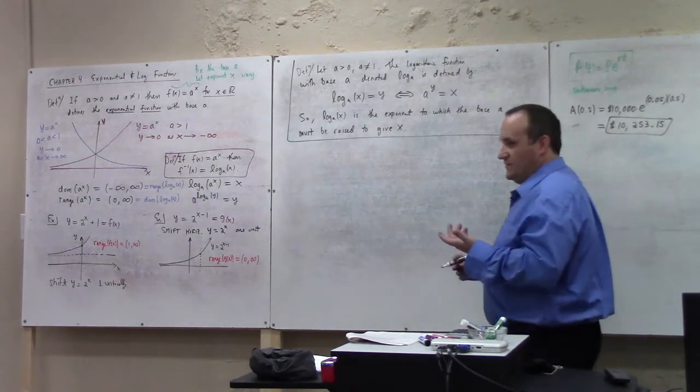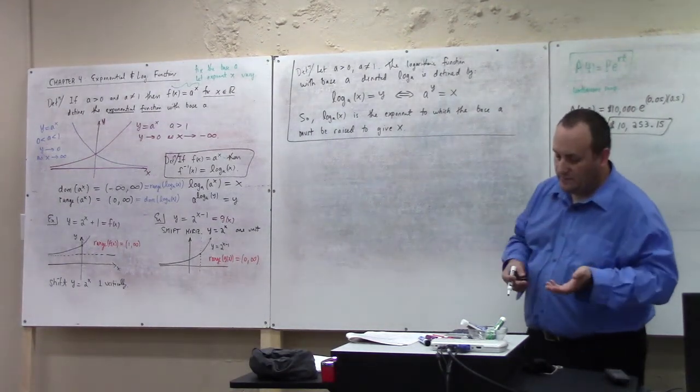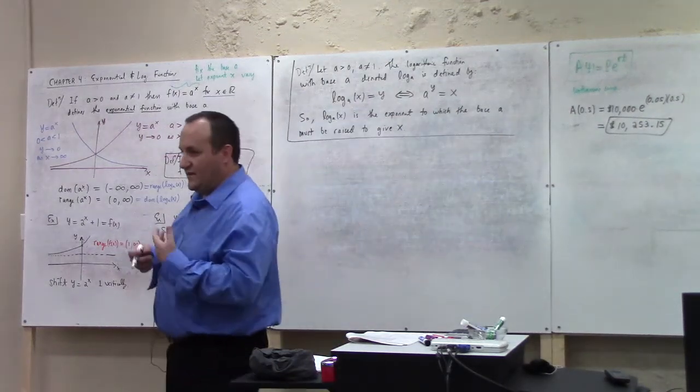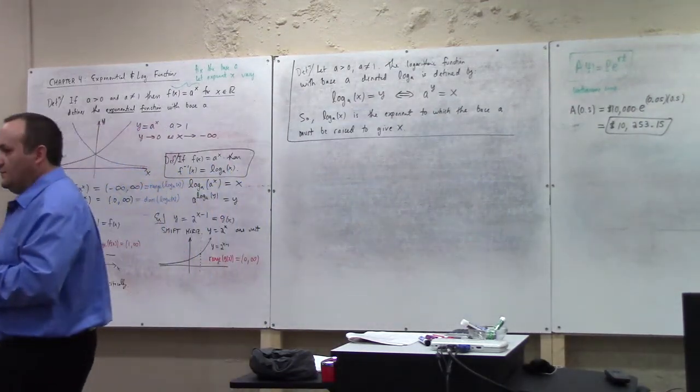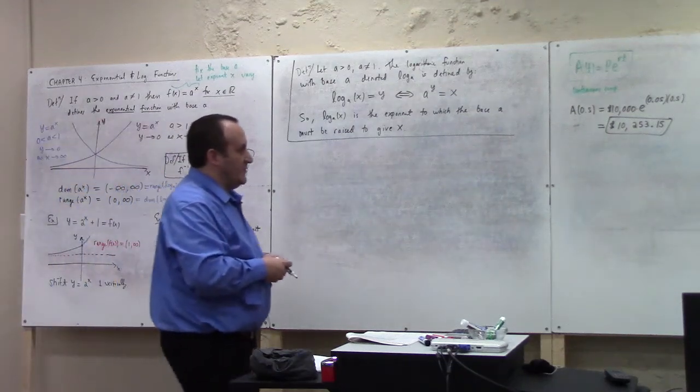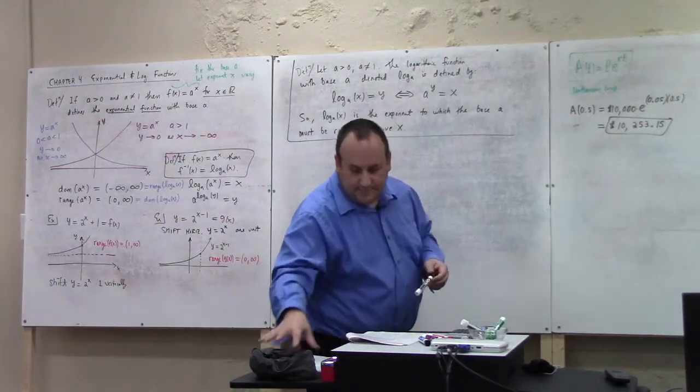Also, another point of notation: if we write an equation in terms of exponentials, it's said to have exponential form. If we write the equation in terms of logarithms, it's said to be in logarithmic form. We'll talk more about that as we go on.